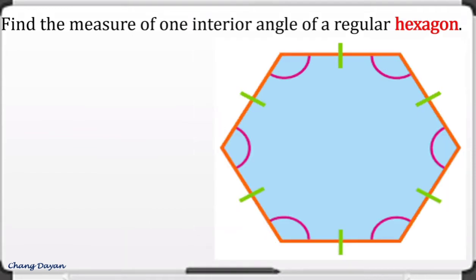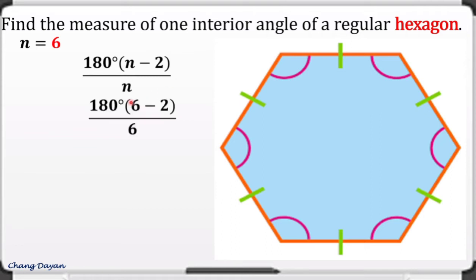Now let us have a regular hexagon. So we have n is equal to 6 since a hexagon has 6 sides. So our formula, 180 degrees times n minus 2 all over n. So let's substitute 6. So 6 minus 2 is 4. 180 degrees times 4 is 720 degrees.